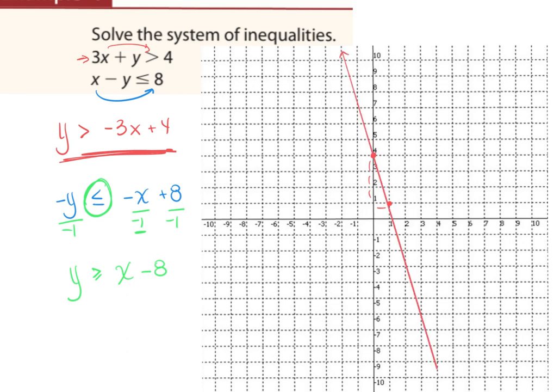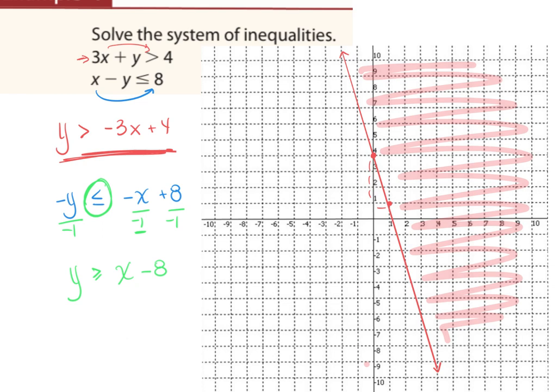You can either use colored pencils, or you can shade really lightly to decide, because you're going to shade both of these, but your answer is only going to be where the shades cross. So if I shade this first one greater than, then I'm going to find my y-intercept and shade everything above it, which means it's everything on this side of the line right here. And so that's my shading for this first one.